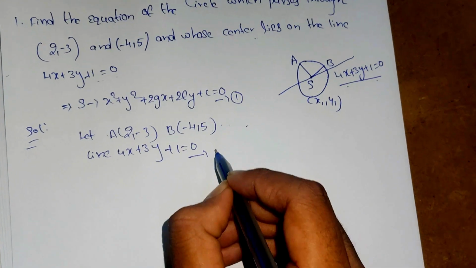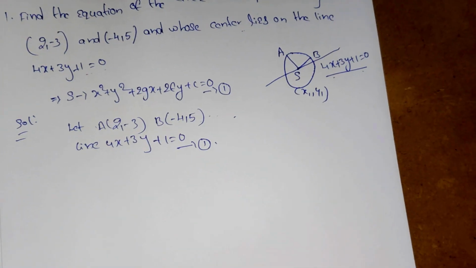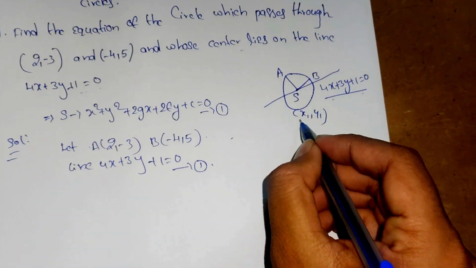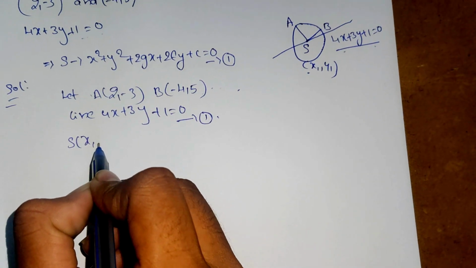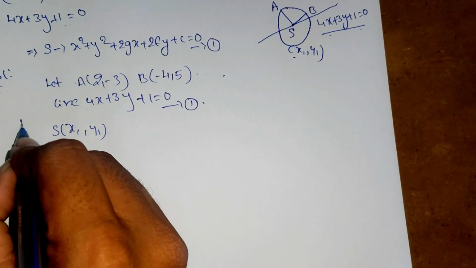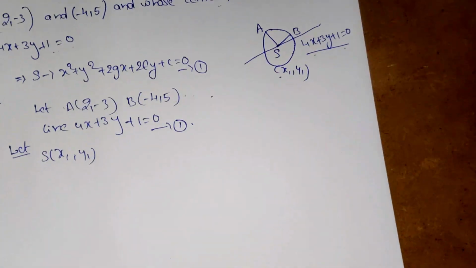So this is said to be equation number 1. And also, S is (x1, y1), which we have put as let.